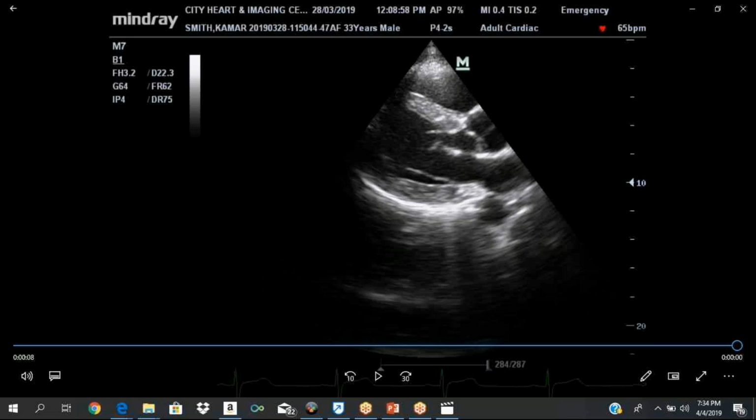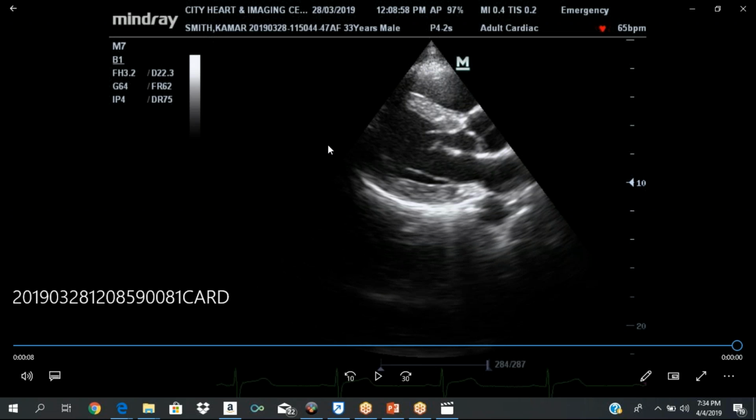This view is obtained by putting the transducer or the probe in the third or fourth left intercostal space. The marker points towards the patient's right shoulder, and you just make minuscule adjustments to get images looking like this.